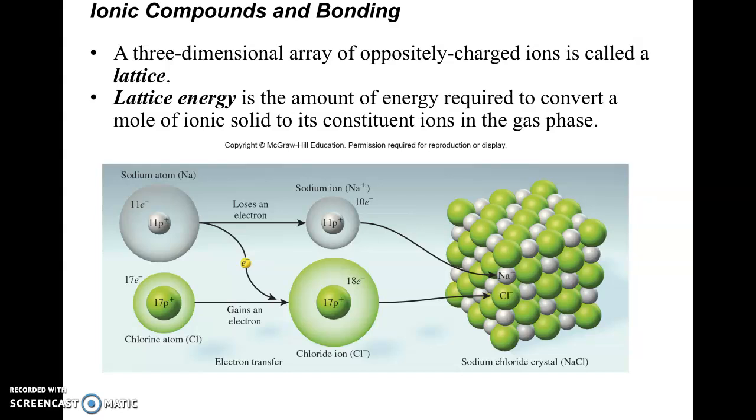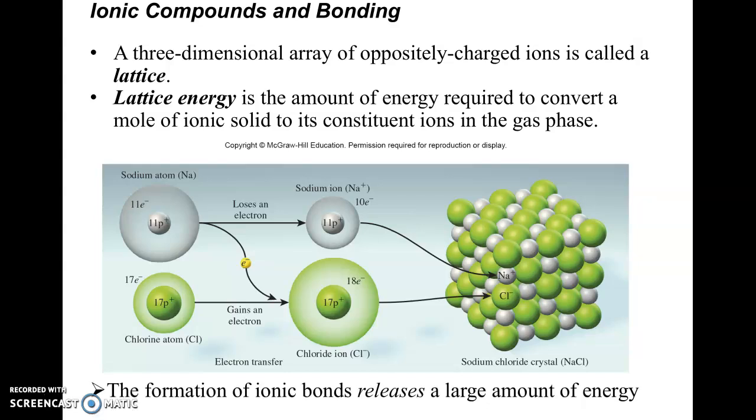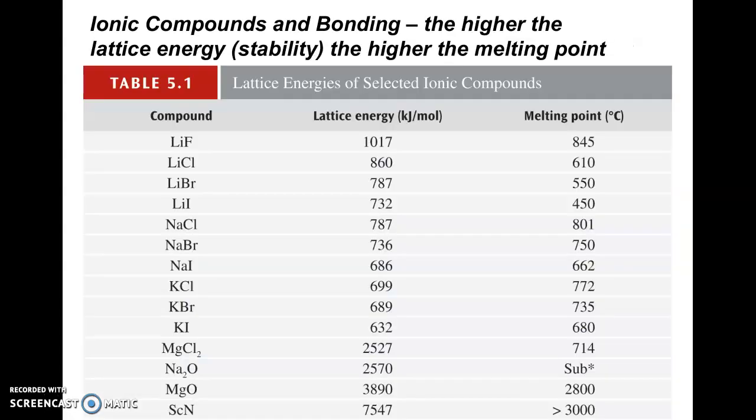So you have a sodium cation and a chloride anion, and they can line up as is shown in this cube. They're just the right size to fit together very nicely and produce a nice cubic shape. Very stable, and it releases a tremendous amount of energy when it becomes that lattice because it's very stable. And so the formation of these ionic bonds releases that energy as it becomes more stable.